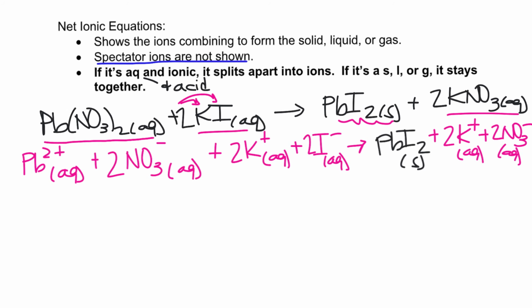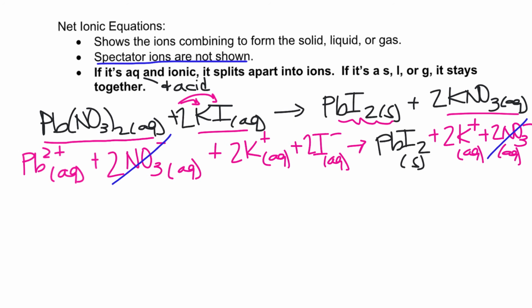How do you know if it's a spectator ion? If you have exactly the same thing on the reactant side as you have on the product side. So here we have Pb2+, but we don't have exactly that on the product side. We have the lead ion that's hooked up in a precipitate, so we cannot cross out Pb2+. What we can cross out is the two nitrates.